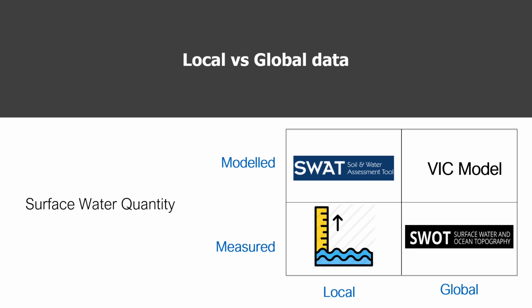In FHI assessments, we try to address this problem by identifying multiple tiers of data, as seen here with the example of surface water quantity, which goes from local to global and measured to modeled options. To deal with the uncertainty introduced by multiple sources of data, we encourage practitioners to do sensitivity tests with their calculations and indicate the level of confidence they have in the results obtained based on the data used.